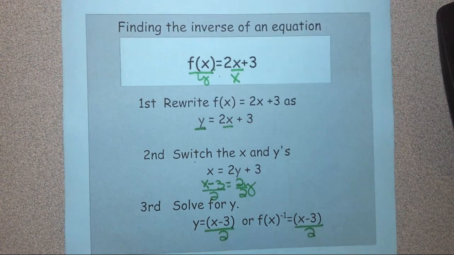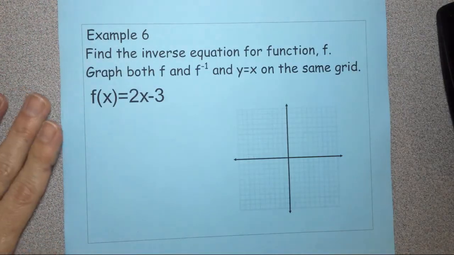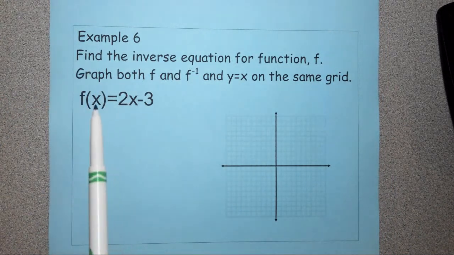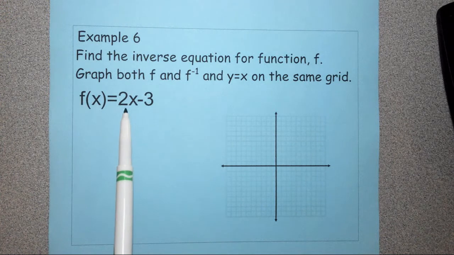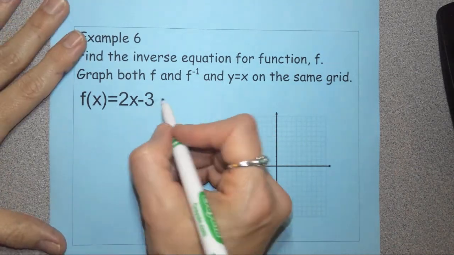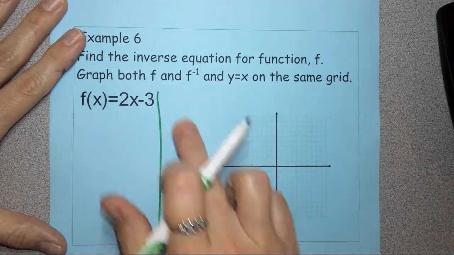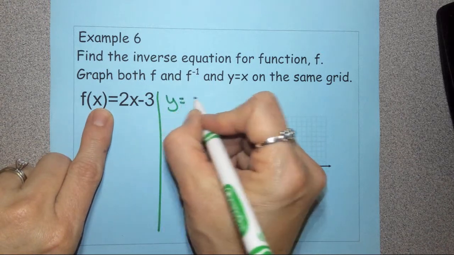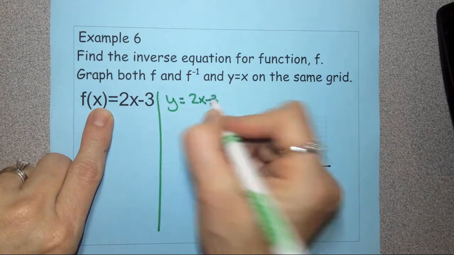All right, so let's practice one here. The last part of the notes today, they want me to find the inverse of the equation f of x, and then they want me to graph both equations on this grid. All right, so I'm going to solve for my inverse right here. So remember, I'm going to rewrite this as y equals 2x minus 3.